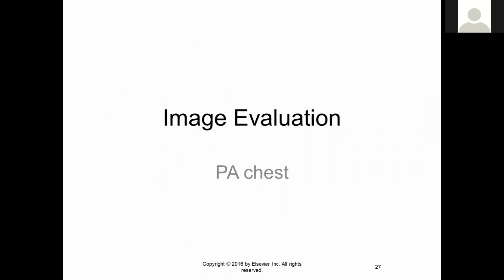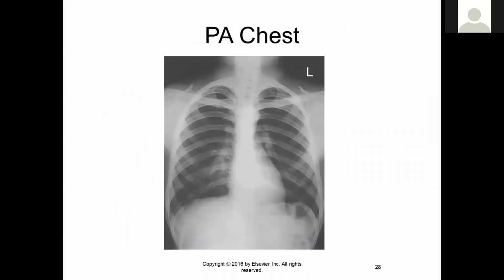Let's look at some images. This is your typical PA chest. Note the orientation of this image. It is the lengthwise cassette orientation. This is appropriate for someone with longer lungs.